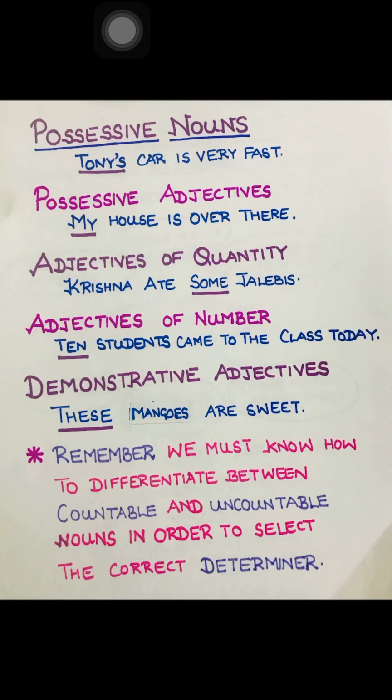Countable plural nouns may include some, most, all, several, few. And uncountable ones may include the words less, much, little, a lot of, etc. I am sure you all now understand what a determiner is and what are its types.